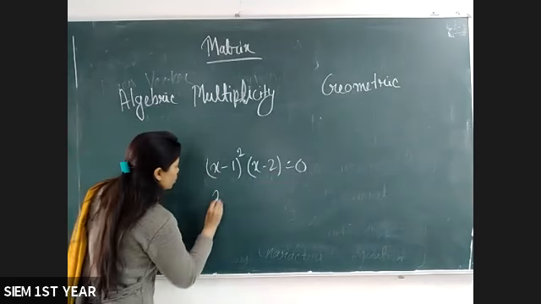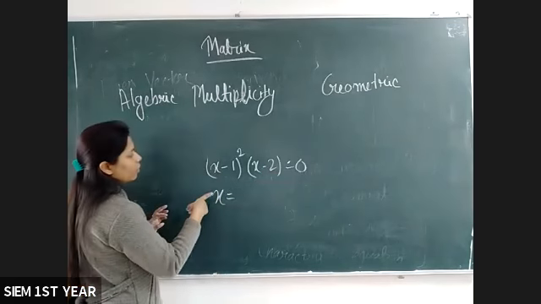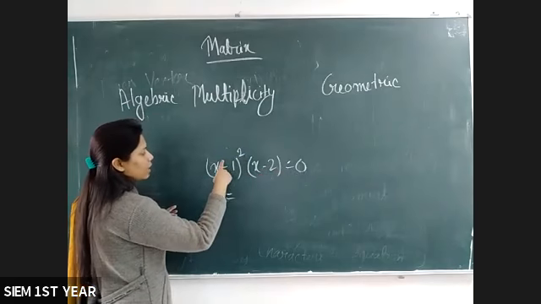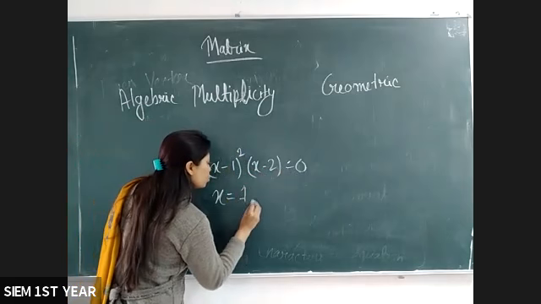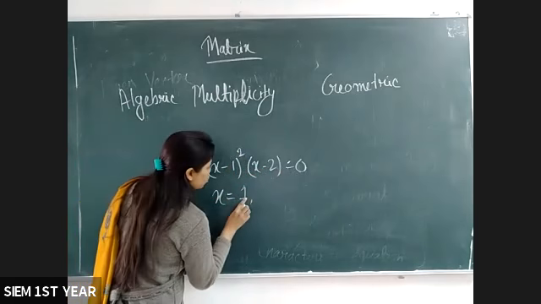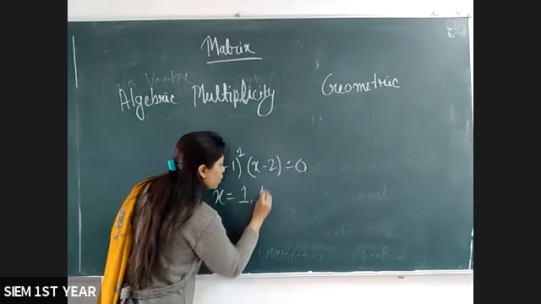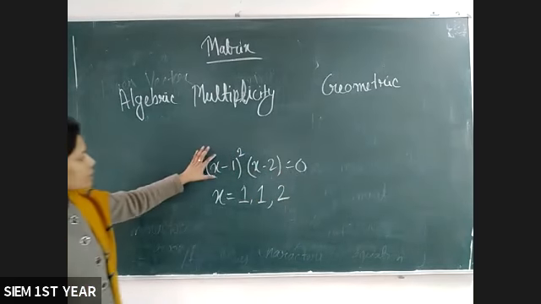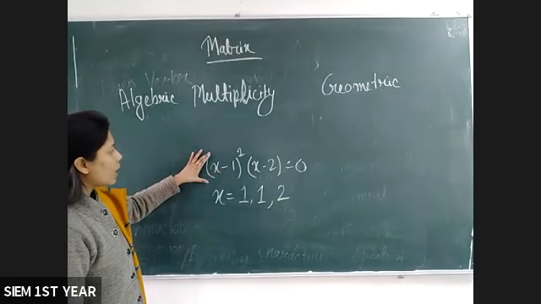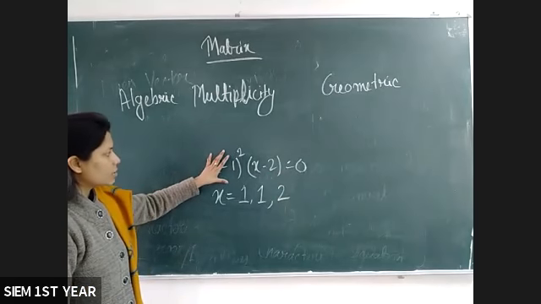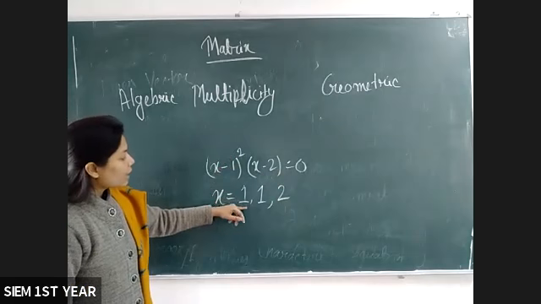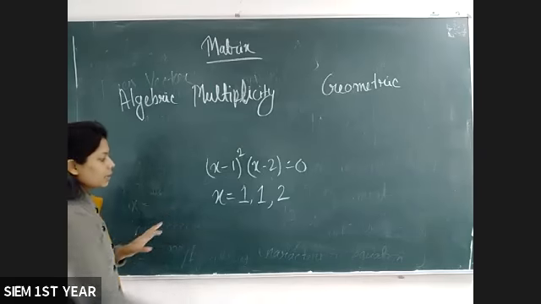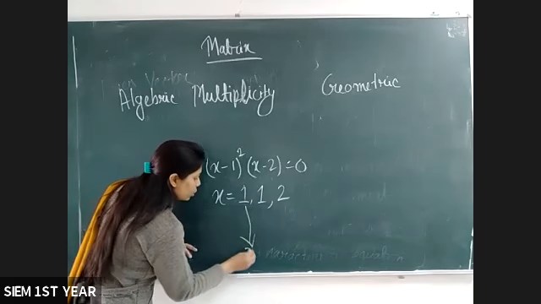So x has total 3 roots actually. One will occur 2 times and 2 will occur 1 time. Since this is x minus 1 whole square, you can write it as x minus 1 into x minus 1. So algebraic multiplicity of 1 will be 2.